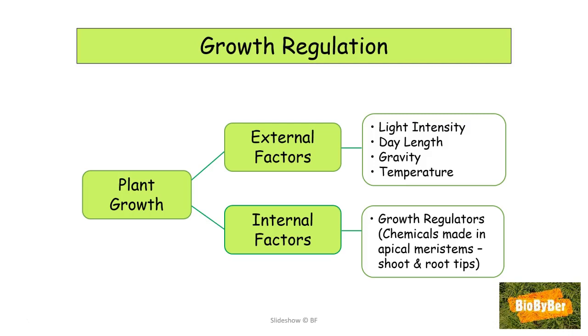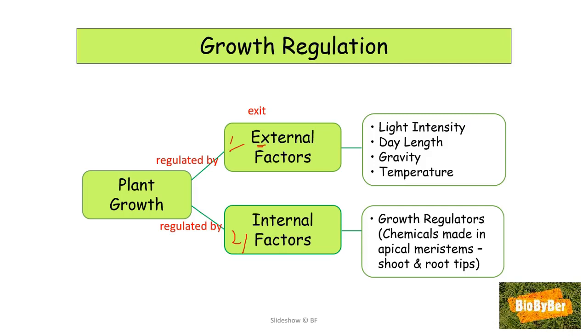We can see here that plant growth is affected by two factors. Plant growth is regulated by 1. External factors and 2. Internal factors. What are external factors? Well, external factors are things to do with the environment outside the body of the plant.